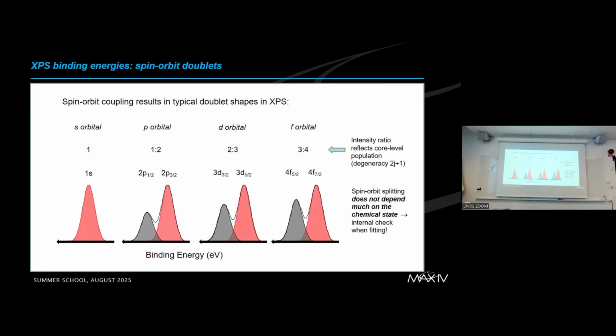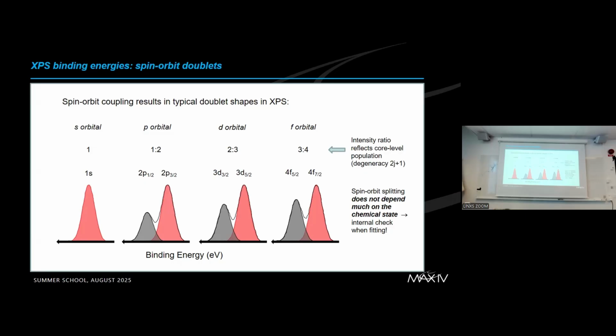Which is a great thing if you are fitting your spectrum, which contains either P or D or F states. You have to keep the separation always constant, because this allows you to get some sanity check of your fit.